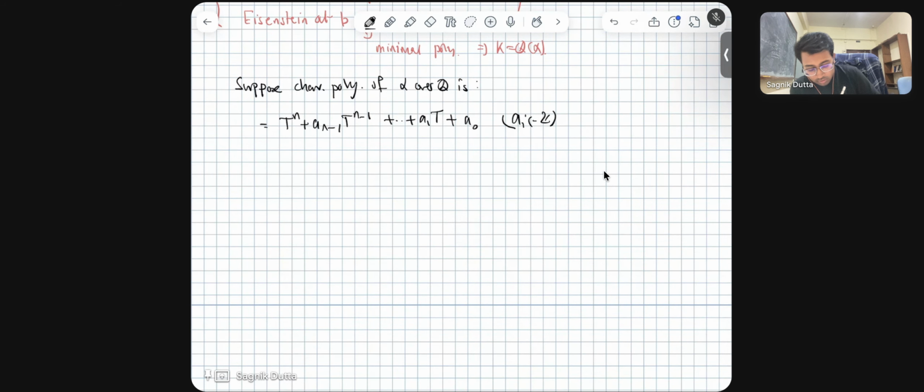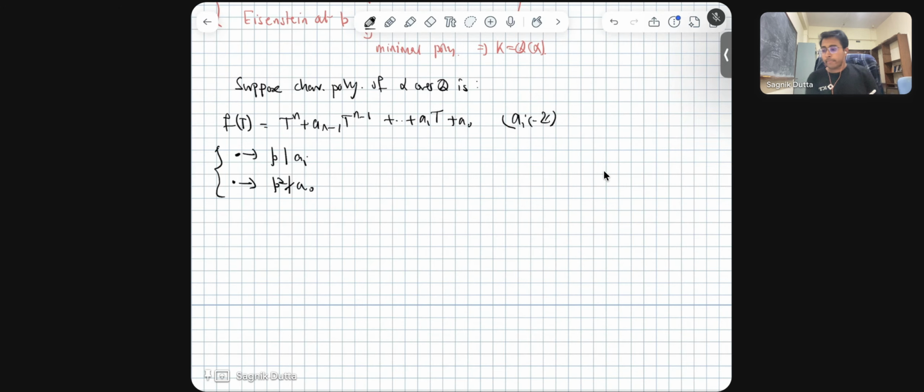So this is f(t). All right, we have to show firstly that p divides these coefficients, and secondly that p squared does not divide the a_0 term.